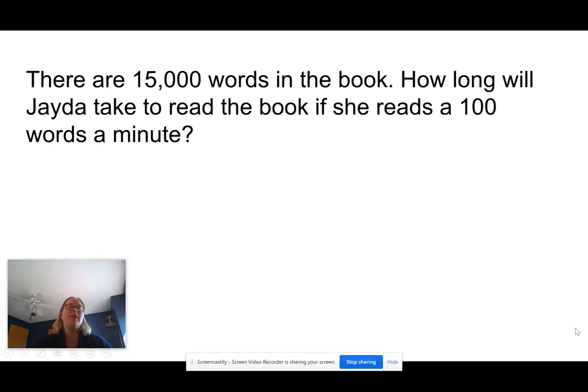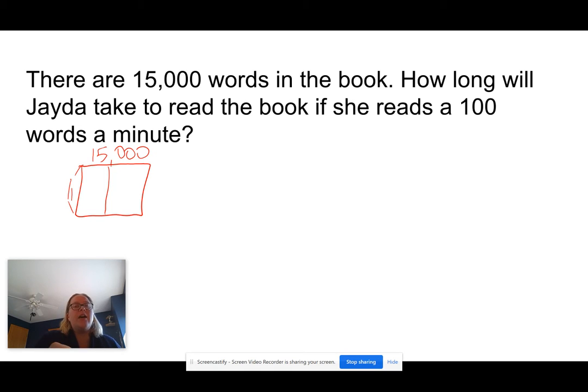Let's continue. There are 15,000 words in a book. How long will Jada take to read the book if she reads 100 words a minute? I just want to picture this to figure out what I'm doing. Here's my book. I know that there are 15,000 words in here total, and for every minute, Jada's going to read 100 words.